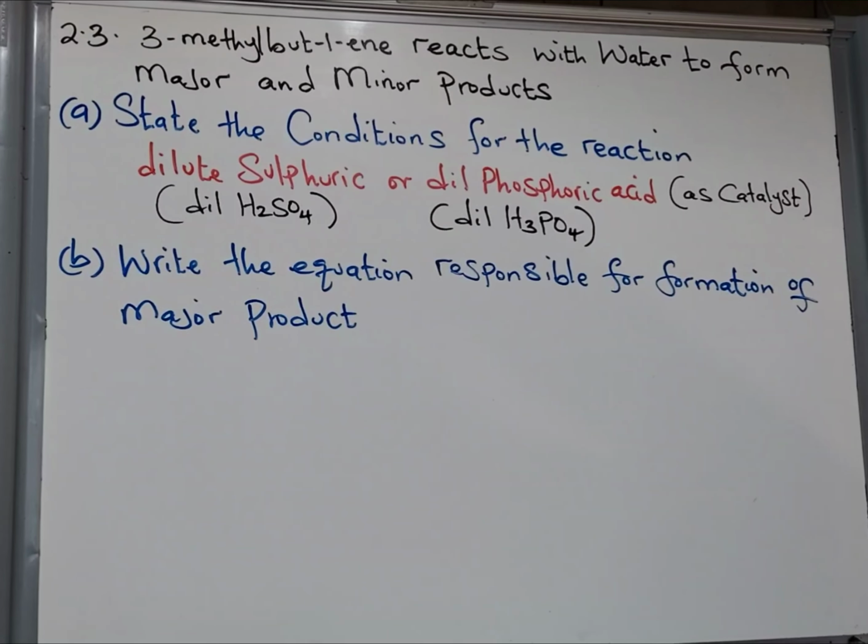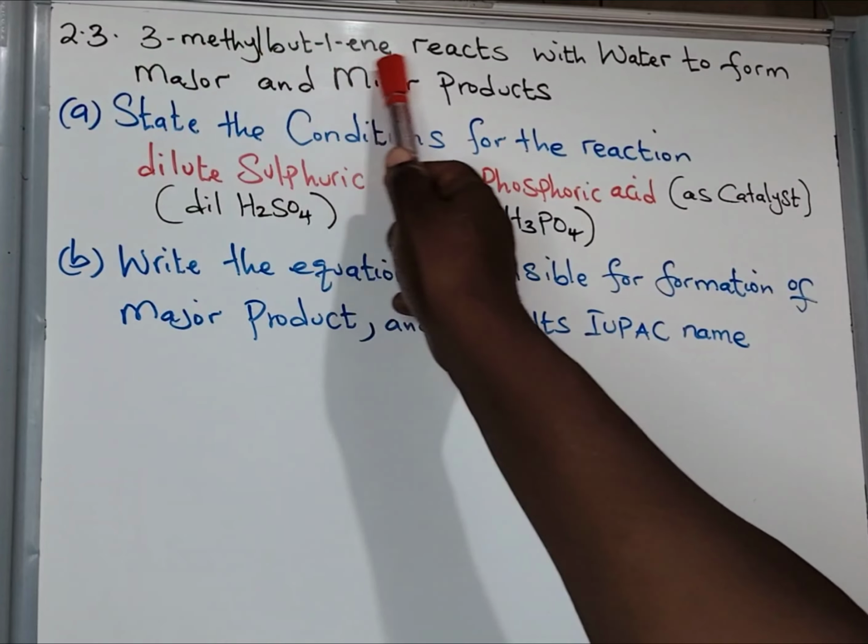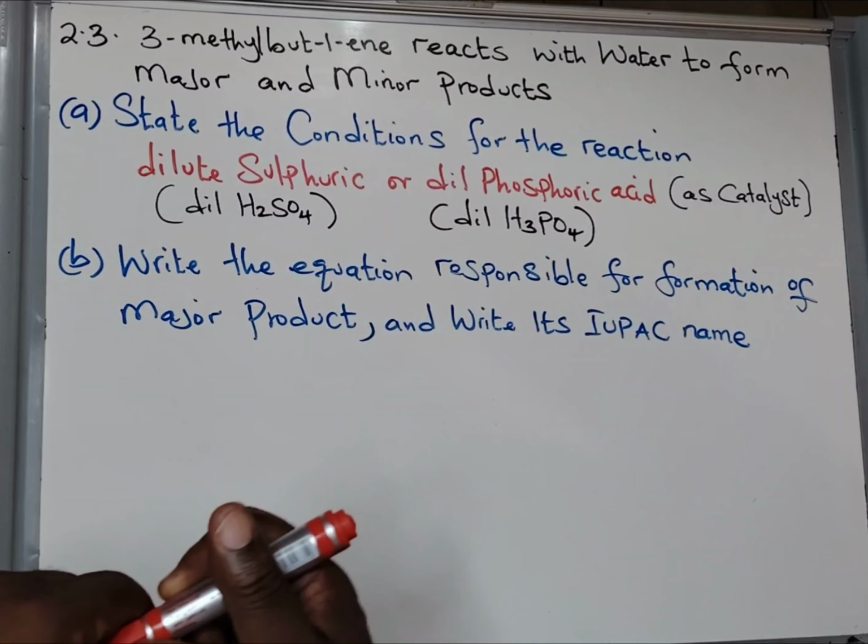Yeah, so comes this question. It says, write the equation responsible for formation of major product. And also write its IUPAC name. So how do you go about this? First of all, you will need to know the structure of that one.